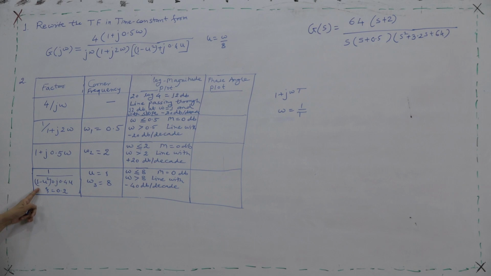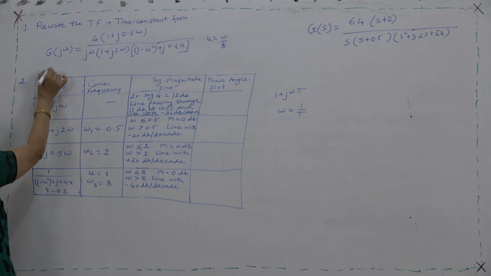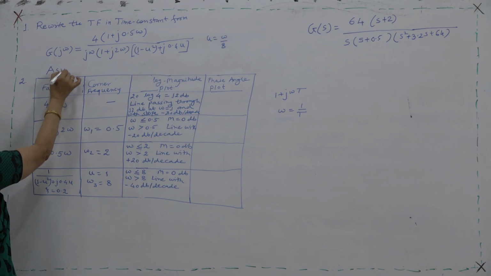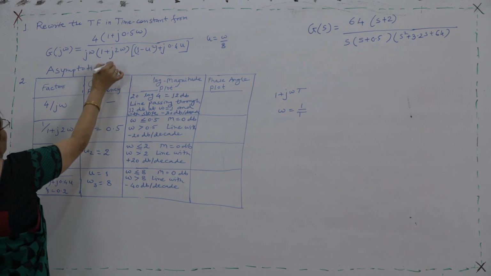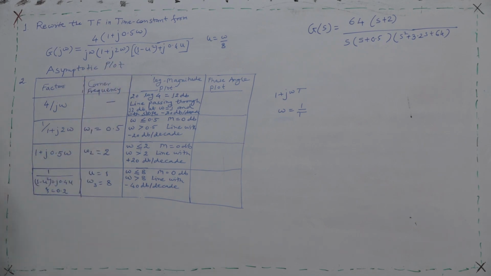This we have seen as we are getting 1 minus u square bracket square, so u raised to 4. So, you are getting 40 dB, and that we have seen separately. Now, combining all these terms you will get here the asymptotic plot. For the asymptotic plot you will get it like this. This is the log magnitude plot.